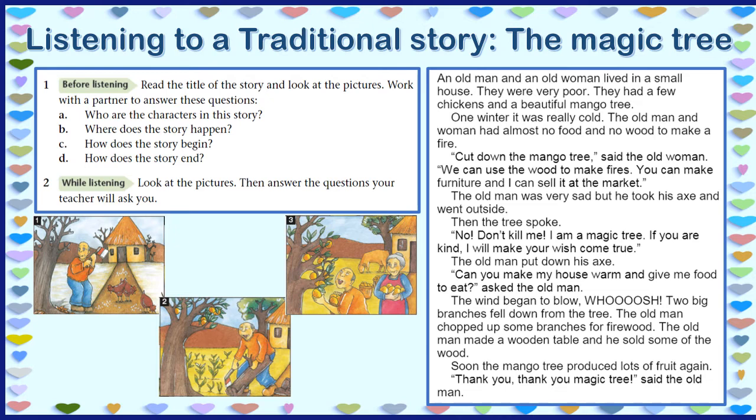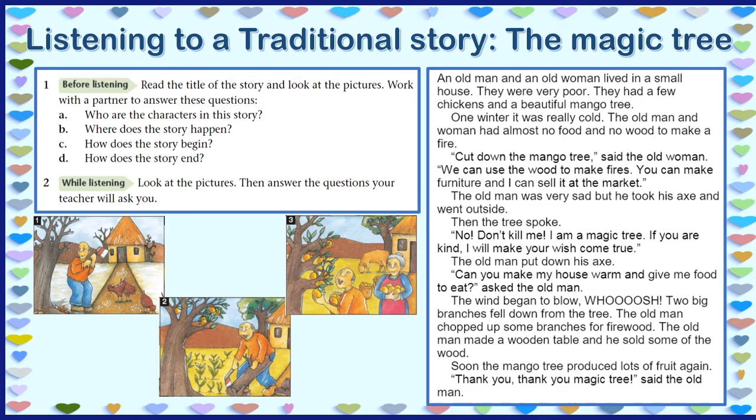The old man was very sad, but he took his axe and he went outside. Then the tree spoke. "No, don't kill me. I am a magic tree. If you are kind, I will make your wish come true." The old man put down his axe. "Can you make my house warm and give me food to eat?" asked the old man.